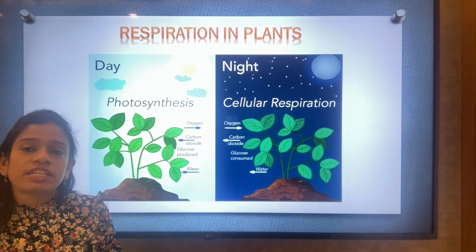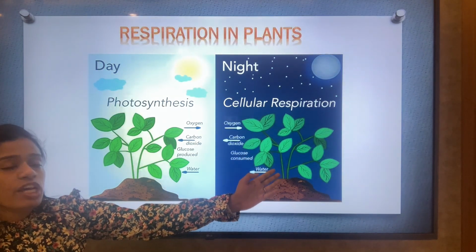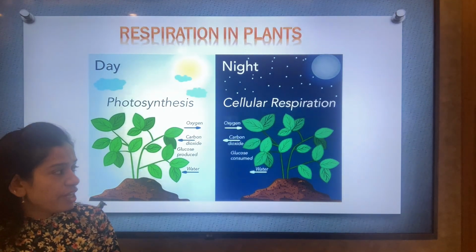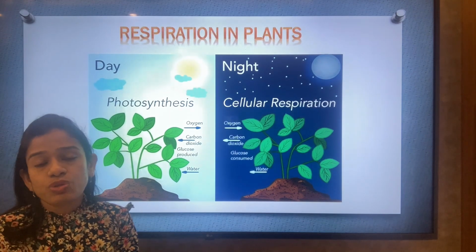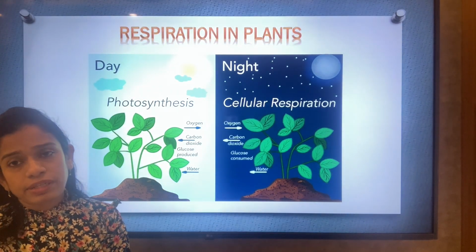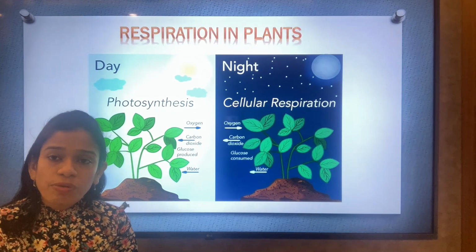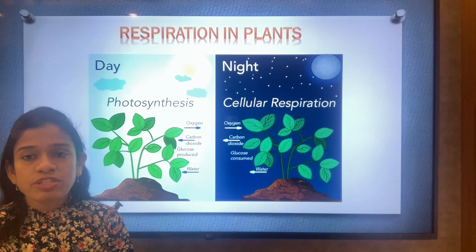So the oxygen that is there in the atmosphere is taken up by the plants for cellular respiration, and carbon dioxide is given out and glucose is used up during this process. This process is very much similar to the process of breathing and respiration that we human beings follow.